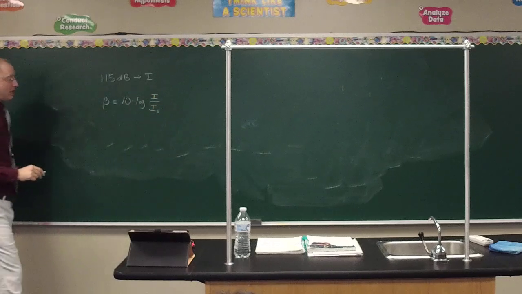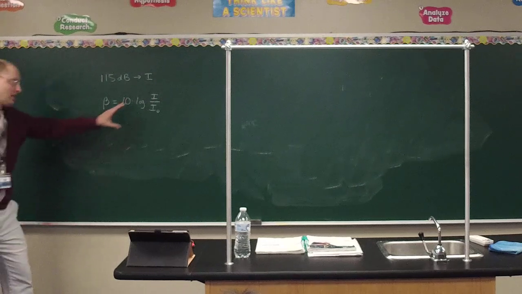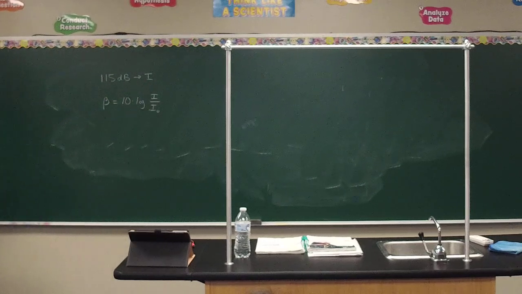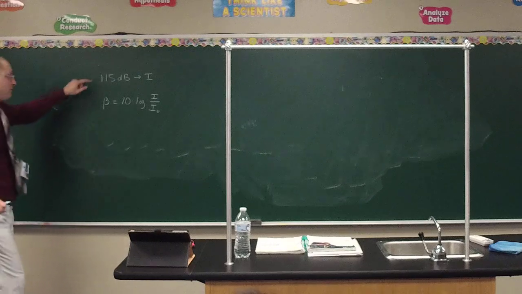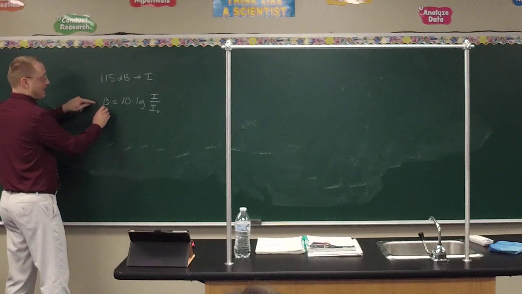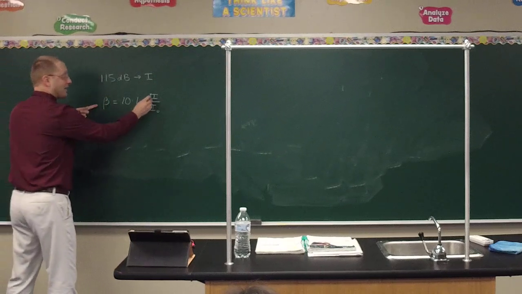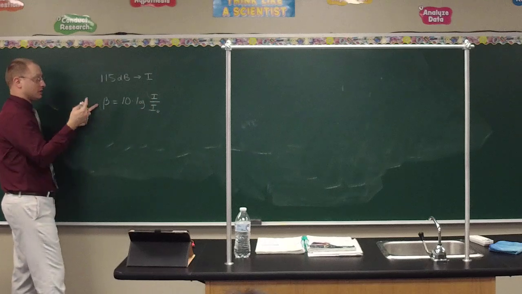Good, I over the I sub naught. 10 times the log of I over I sub naught, the relative intensity here. All right, so we need to start by taking the 115 decibels. That goes right in here for the beta. Then to get the I by itself, class, 3 things.